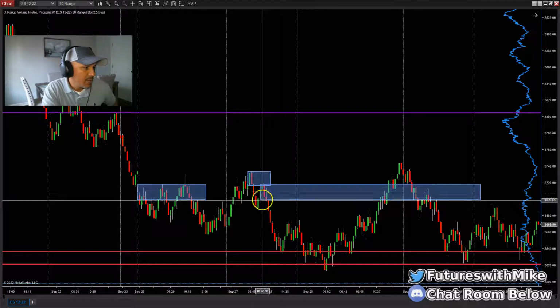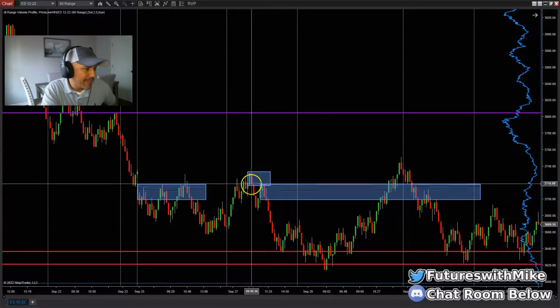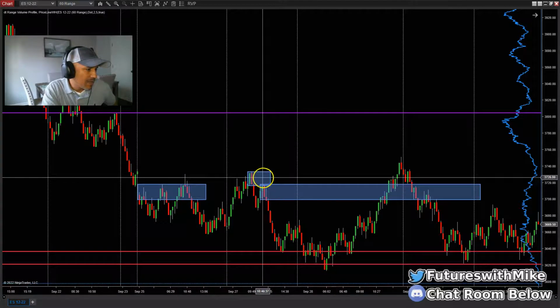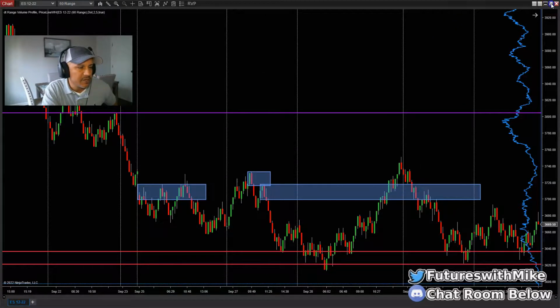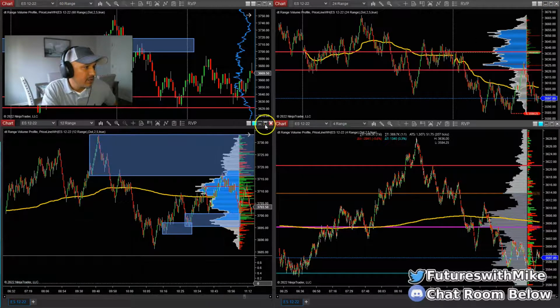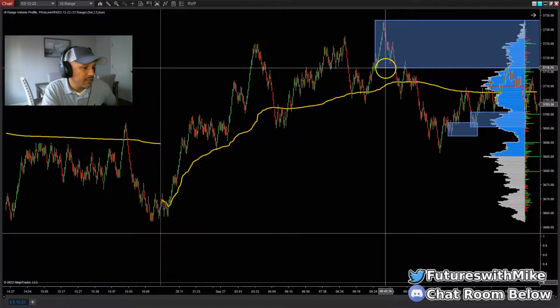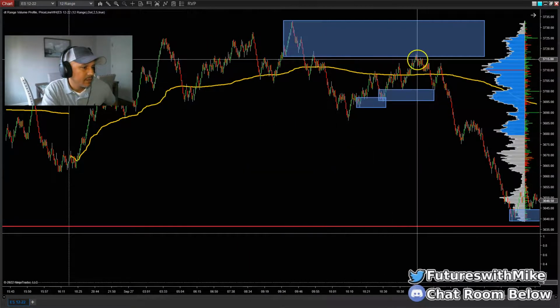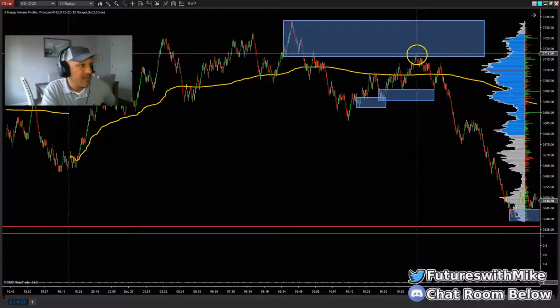On the 27th, this was around this pullback to this zone. Price tapped back into that zone on the 60 range chart, which is this supply area here, around 11 something on the 27th. So let's go to the 12 range chart. Okay, let's see, 11 something. Where are we at? Okay, so it's this area right here.